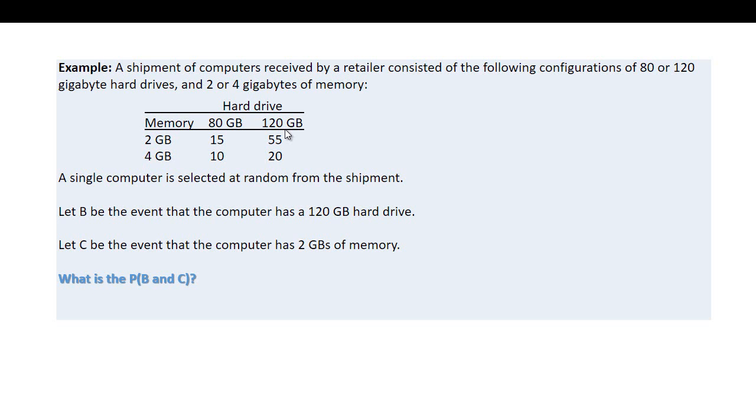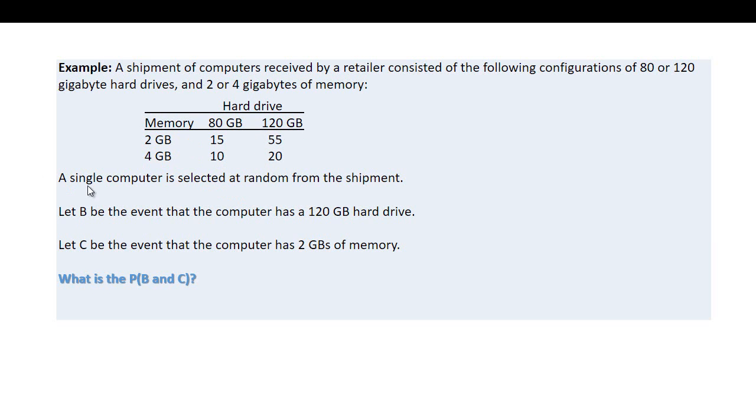So here we have a computer shipment, and it looks like we have a total of 100 computers here, and 15 of them have an 80 gigabyte hard drive and 2 gigabytes of memory. 55 of them have a 120 gigabyte hard drive and 2 gigabytes of memory, and so on.